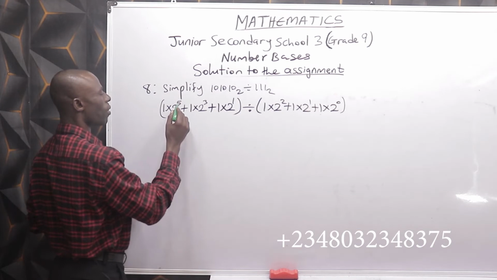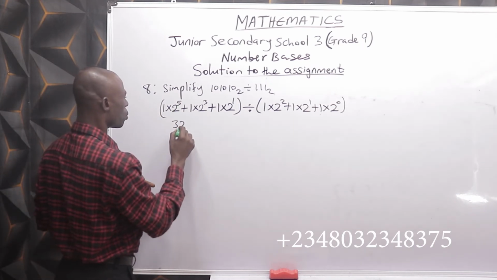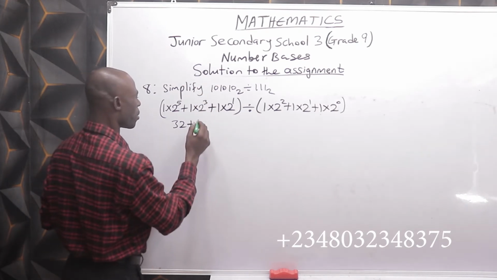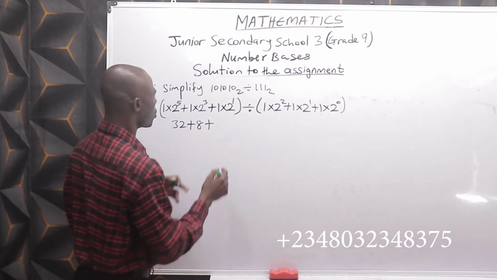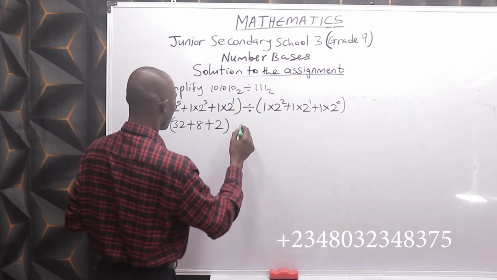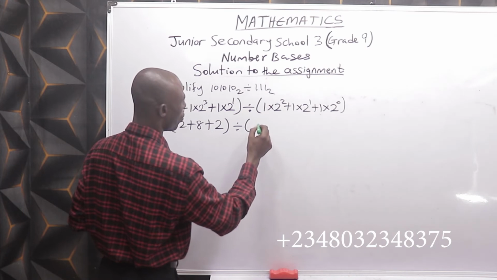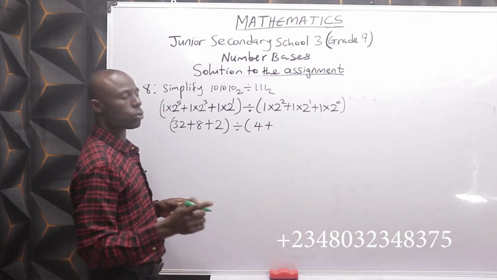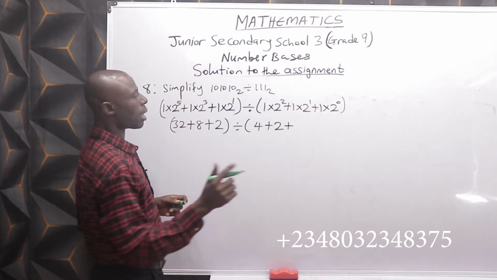So 2 raised to power 5 is 32. 32 times 1 is 32 plus 2 raised to power 3 is 8. 8 times 1 is 8 plus 2 raised to power 1 is 2. 2 times 1 is 2. In brackets, divided by 2 raised to power 2, 4 times 1, that's 4, plus 2 raised to power 1 is 2, times 1 is 2, plus 2 raised to power 0 is 1, times 1 is 1.